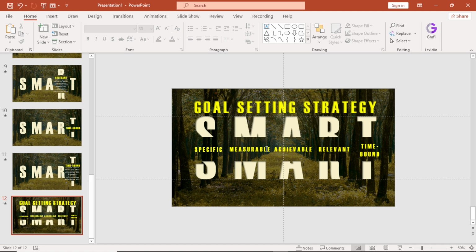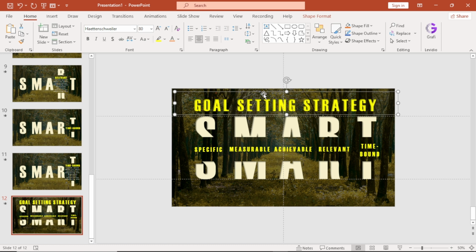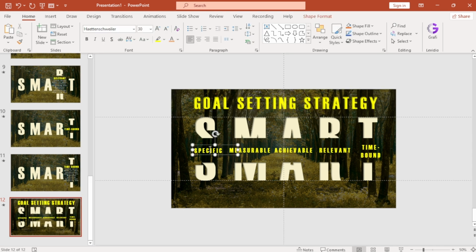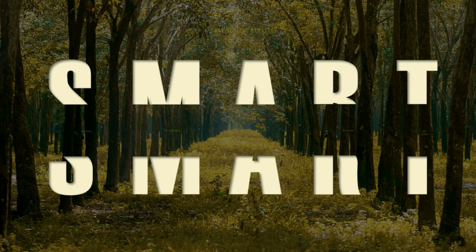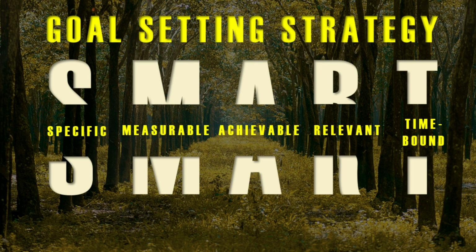We have repeated and brought back the remaining ones: specific, measurable, achievable, relevant, and time bound. The zoom animation effect. Here we are going to go to Animation, and this already has the zoom animation. This also has the zoom animation, and if we preview this, we have stuff like this. Beautiful.